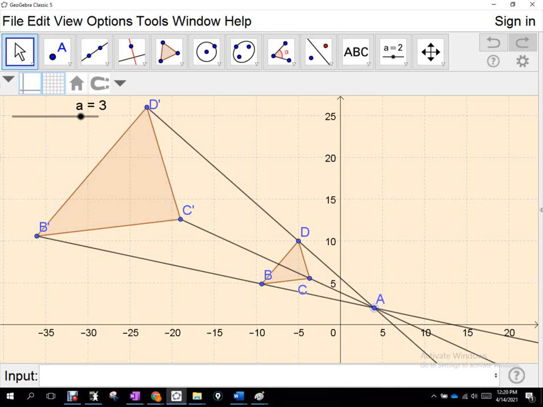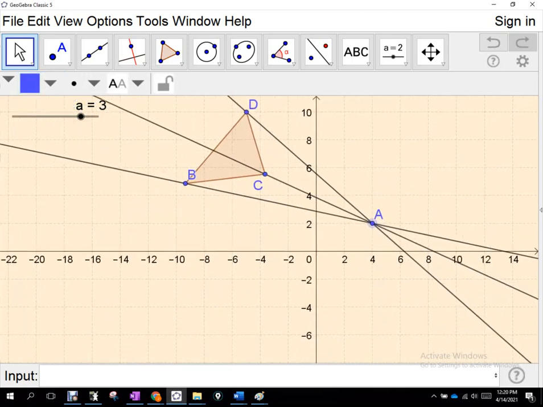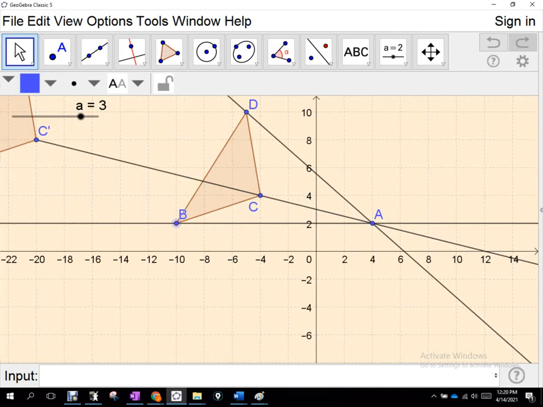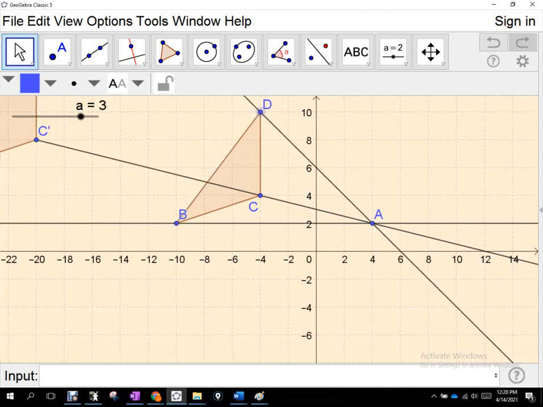so we don't always have to dilate around 0, 0. But if you do, all you do is you multiply the ordered pairs. Is that something we can do? Yes. Okay. So what happens then? Now, to make this a little bit easier, let's put some nice ordered pairs here.